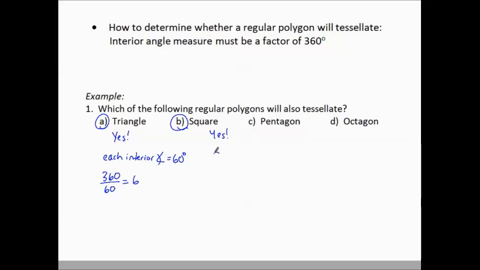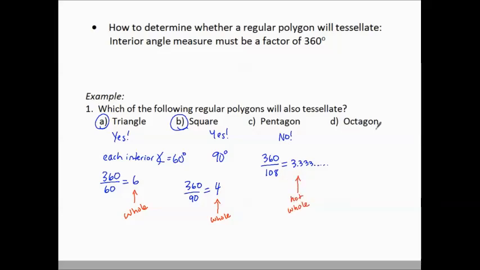What did we do? 90 degrees was the interior angle, and 360 divided by 90 came out to 4. Pentagon? No. Why not? Well, 360 divided by 108 came out to about 3.33, not a whole number, right? Whole number, when we divide it into 360, not a whole number.